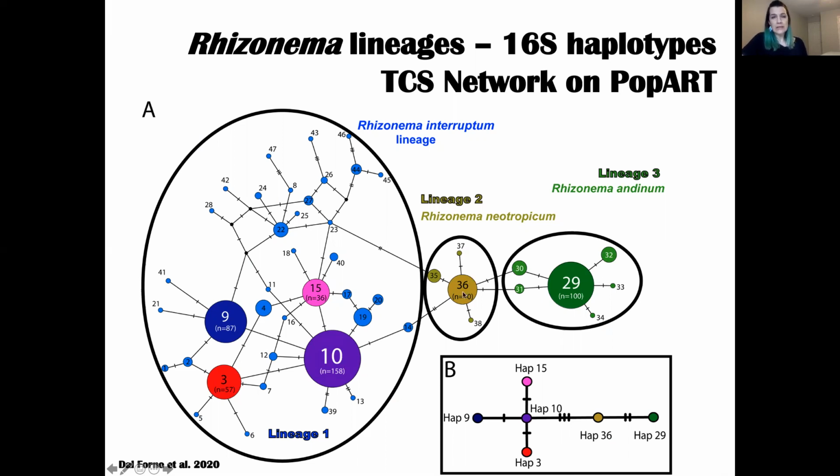So in this dark yellow or mustard color, Rhizonema neotropicum, and then in green, Rhizonema andinum, and then Rhizonema interruptum, in this blue color, there are a lot more haplotypes and also more diversity. So this could actually be a species complex. And within this lineage, we detected 4 main haplotypes that received special colors. And we'll see these colors in the next couple of slides.